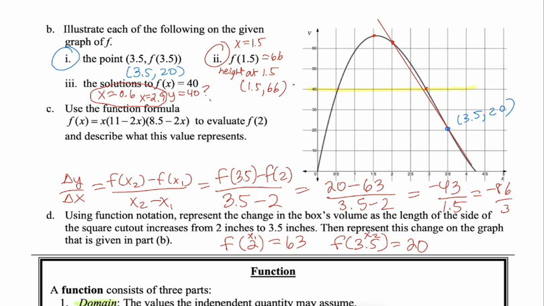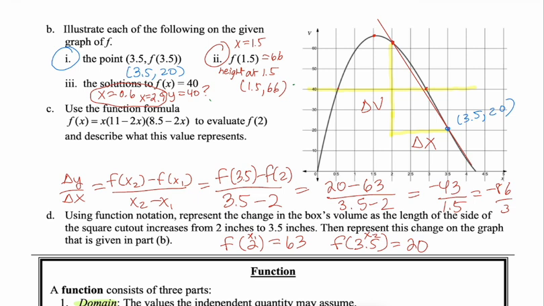I know that iMath sometimes has you put the delta y and delta x on the graph. In this case, that would be the change in volume over the change in x, because they call that side length x.